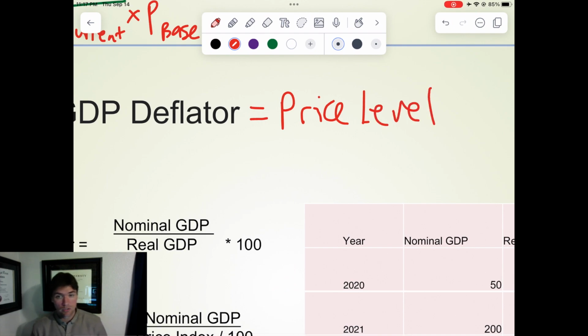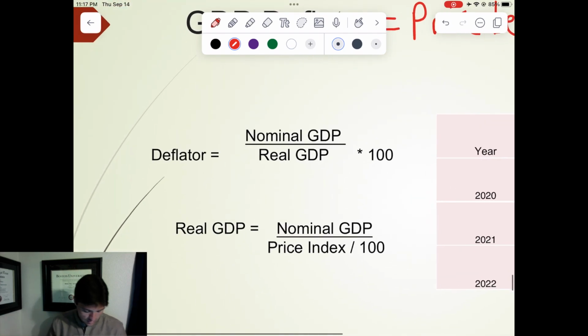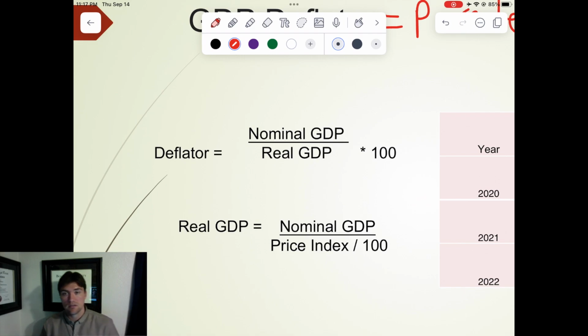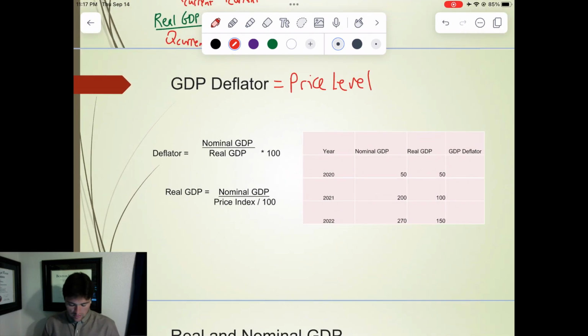This number will tell you the level of prices in the economy. Are they going up? Are they going down? It lets you know how prices are doing over time. And all we're going to do is nominal GDP divided by real GDP multiplied by 100. That's all you're going to do.